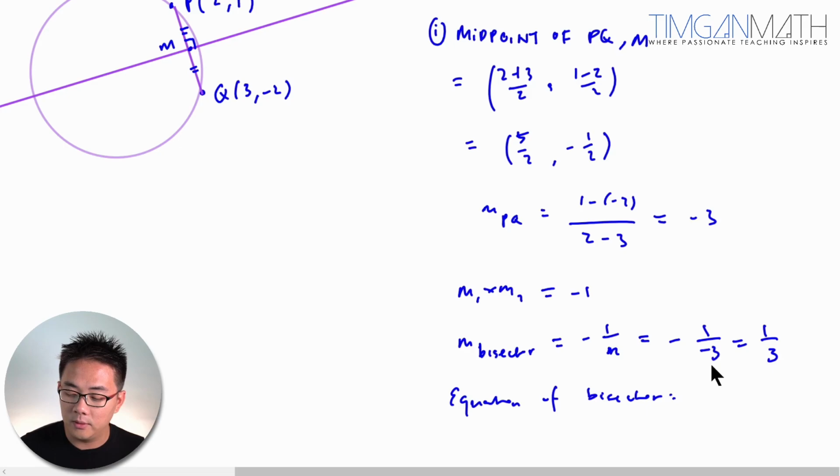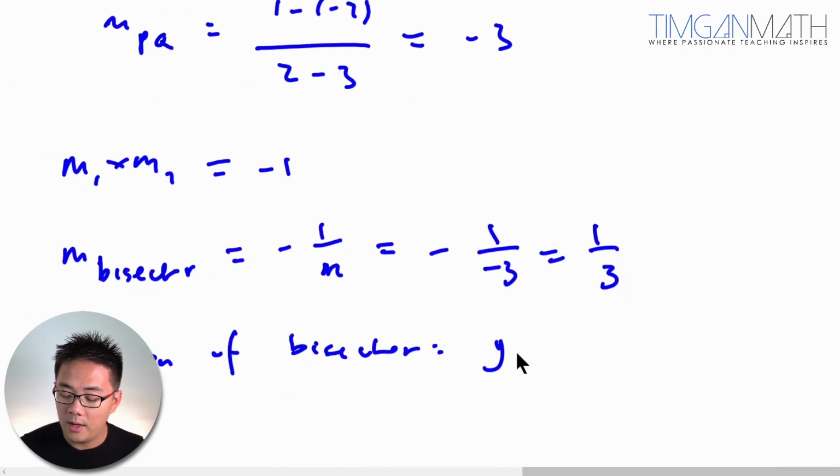For the equation of the bisector, I like to use the formula y minus y1 equals m(x minus x1).